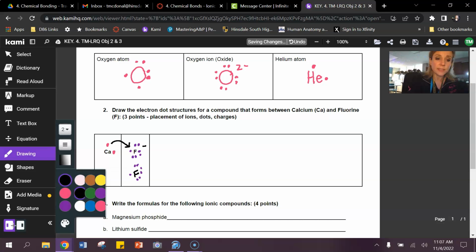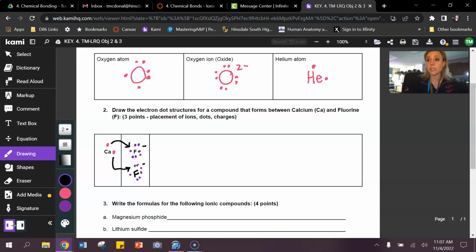And so my second calcium electron is going to come here by this other fluorine atom. And when fluorine gains that electron, it has a negative charge. Now, because our calcium lost 2 electrons, because it lost negative charge, it now has a positive charge, and its charge is now +2.